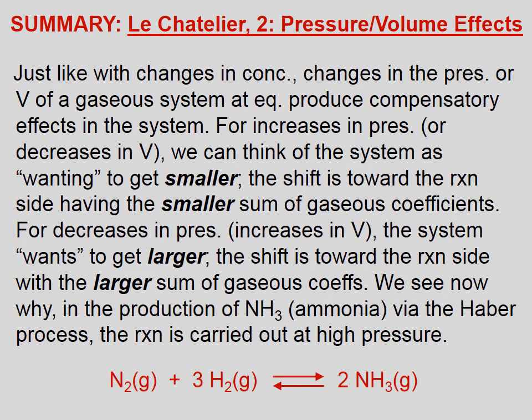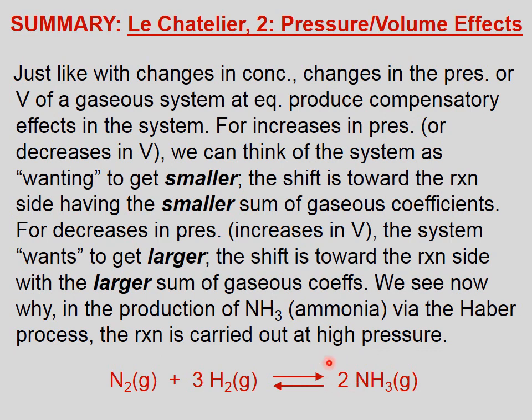We see now why, in the production of NH3, ammonia, via the Haber process, the reaction is carried out at a high pressure. And the Haber process is shown there at the bottom. We're wanting to produce NH3. And so we want to increase the pressure, because if we increase the pressure, the system wants to get smaller.